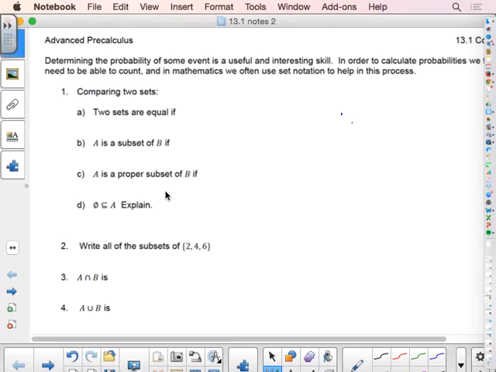In order to calculate probabilities, we first need to be able to count, and in mathematics we often use set notation to help with this process. So when you're comparing two sets, they are equal if they contain the exact same elements.